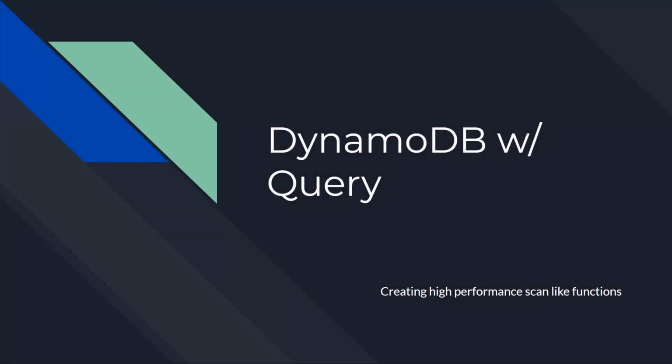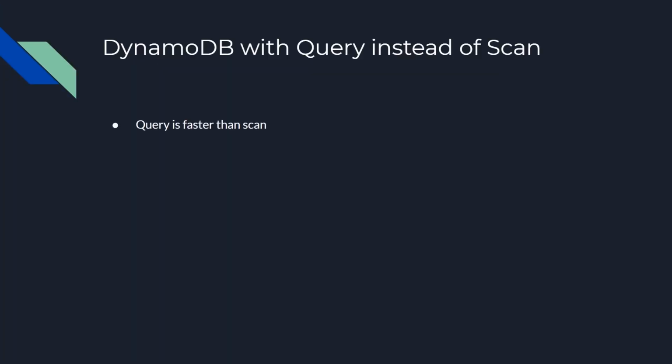Before we actually get into using the query function to capture multiple records and process them, we need to talk a little more about the extra requirements that come with using query in DynamoDB. The first thing you need to know is that query is much faster than scan. The reason for this is that queries require an index.